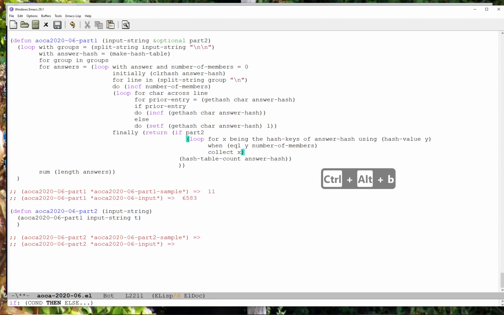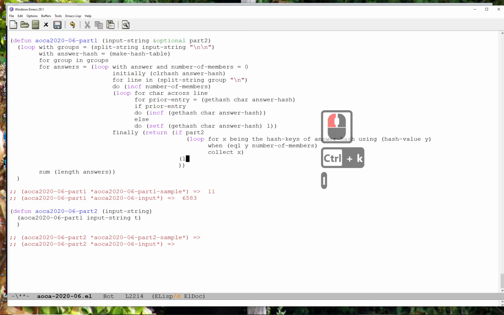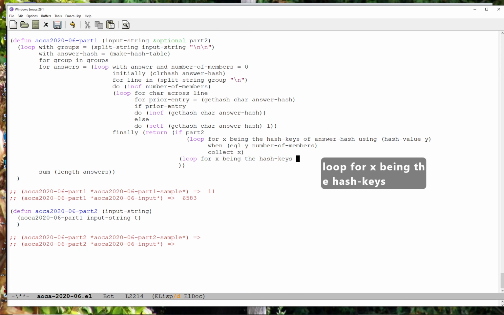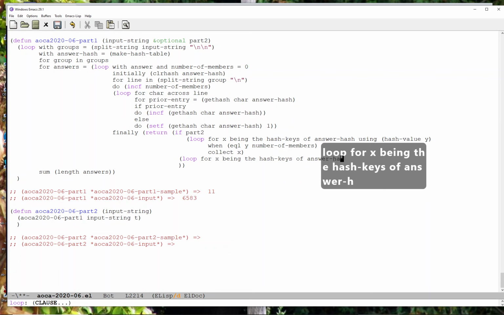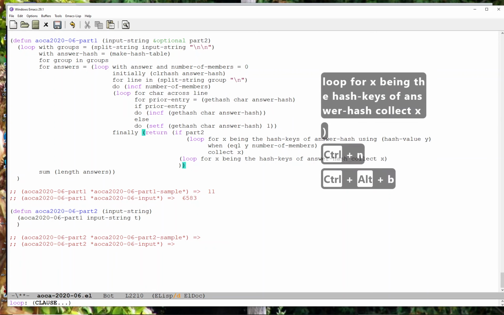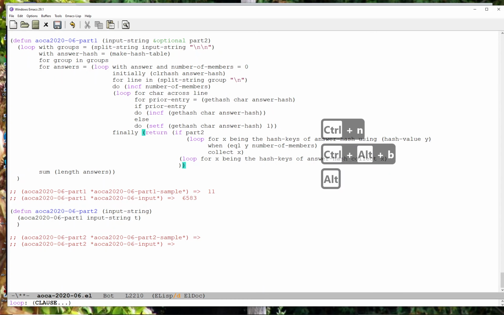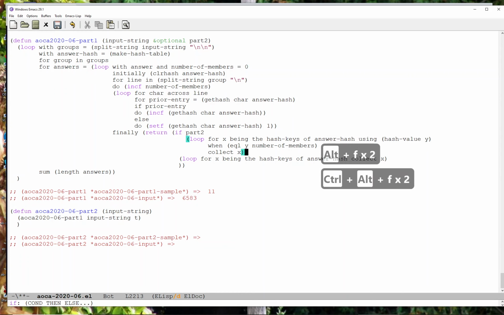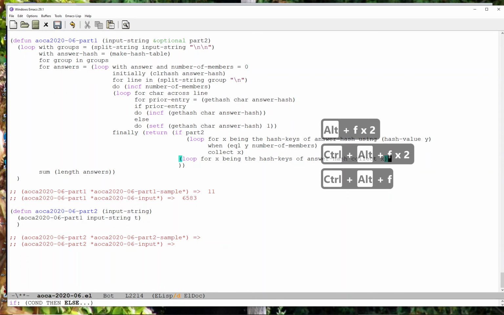And then here similarly, we're going to just loop over the hash. So loop for x being the hash keys of answer hash, collect x. Part 2 is this. Part 1 is this.